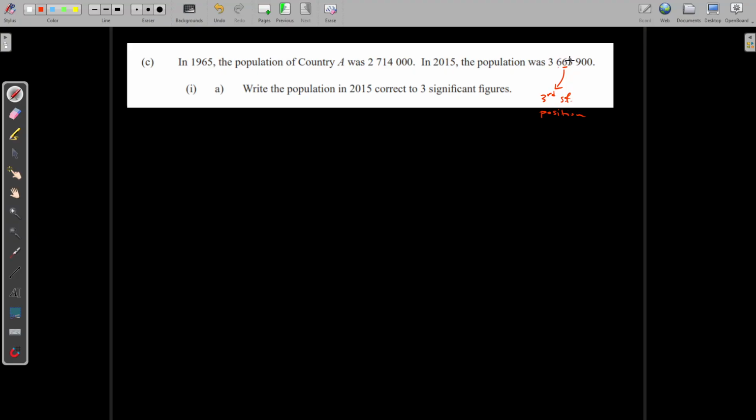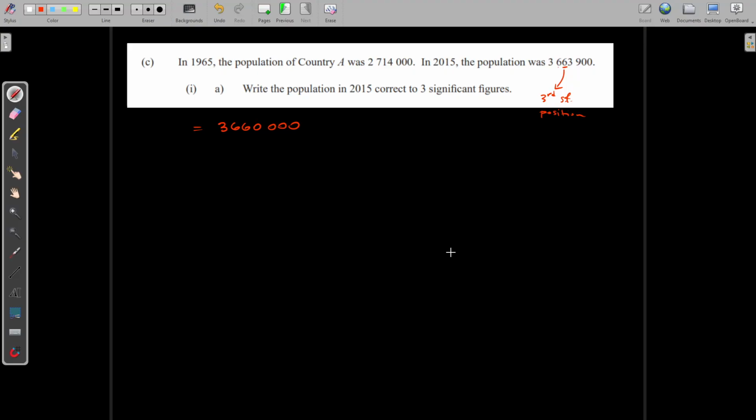So it's less than 5. So we're going to change everything behind here to 0. So would that be 3660000? Mm-hmm. That would be your answer. Why? That's just how significant figures are.